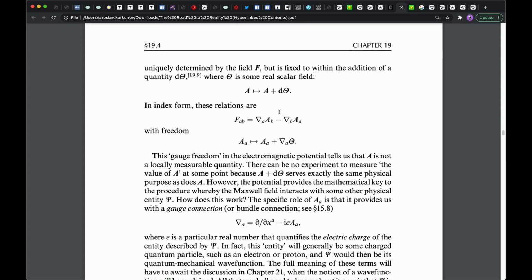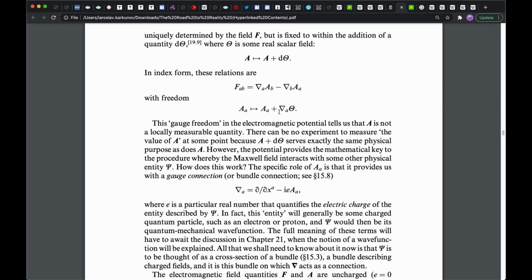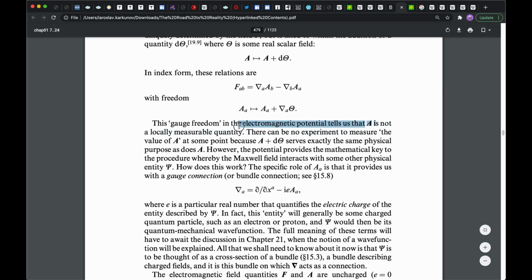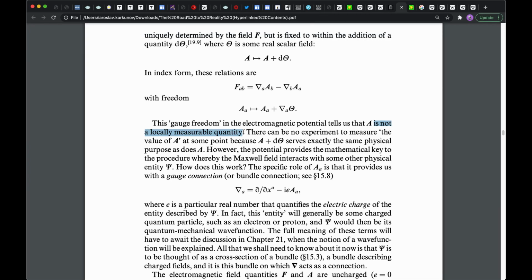Okay, and therefore, one moment. Yeah. Therefore, that electromagnetic potential has some standing out properties, and the first one is that it is not a locally measurable quantity. So there can be no experiment to measure the value of A, and therefore we can only measure the differences of that potential.